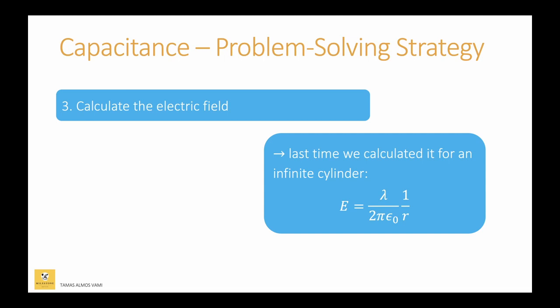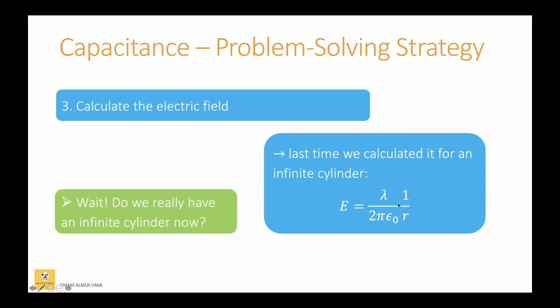It was the one-dimensional charge density lambda divided by 2 pi epsilon 0, and it depends on the distance, which we called r, as an inverse relationship. So the electric field goes with lambda over 2 pi epsilon 0 times 1 over r.